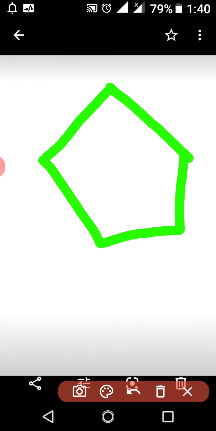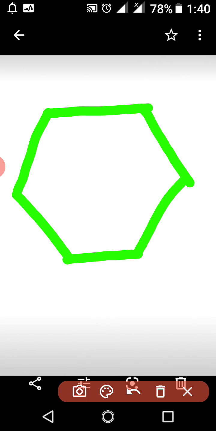This one is also a polygon, a simple closed figure which is bounded by line segments. Now this is also one of the polygons.